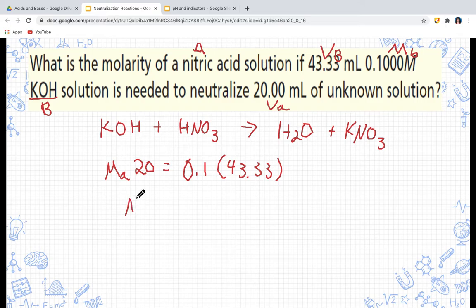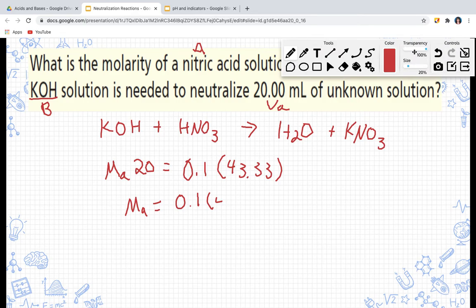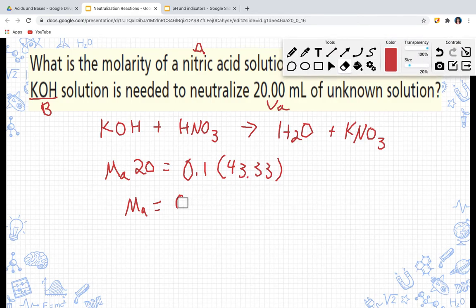I'm going to divide both sides by 20, and so what I have is 0.1 times 43.33.